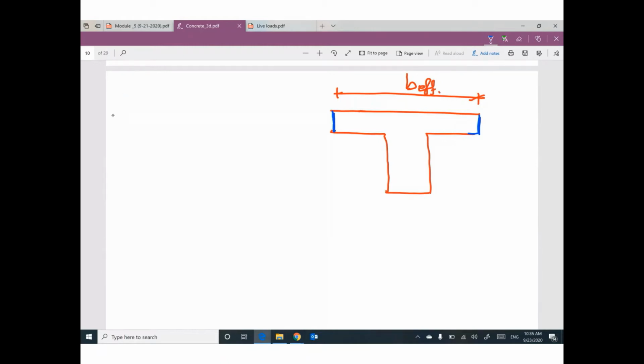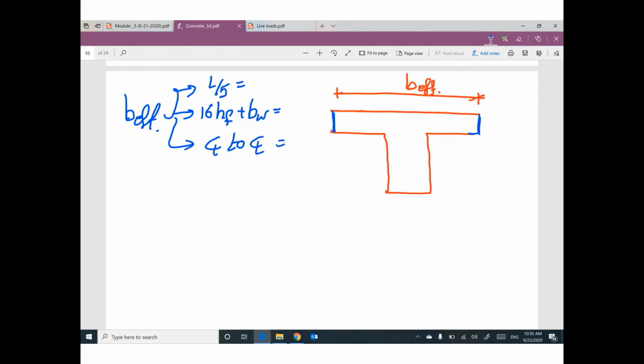We have three cases. We need to use the least one. The first one is span divided by 5. The second one is 16 times h flange plus b width, probably. The third one is center line to center line. Your span of this beam is 20. Remember to multiply it by 12 to be in inch, divide by 5, so this number will be 48.